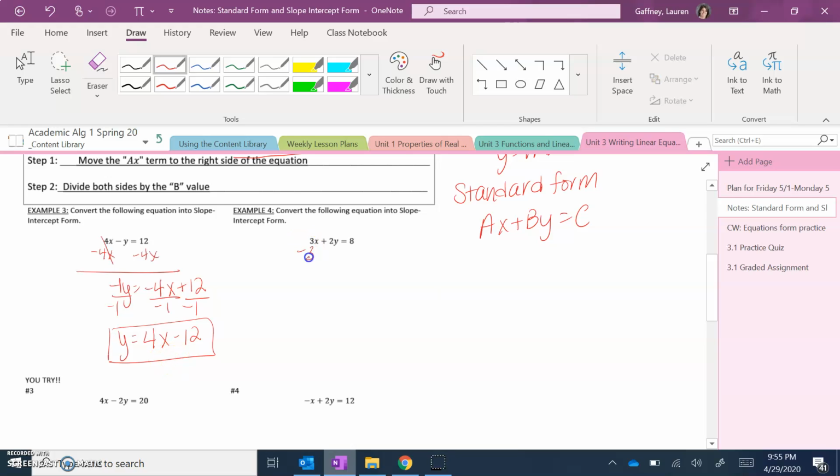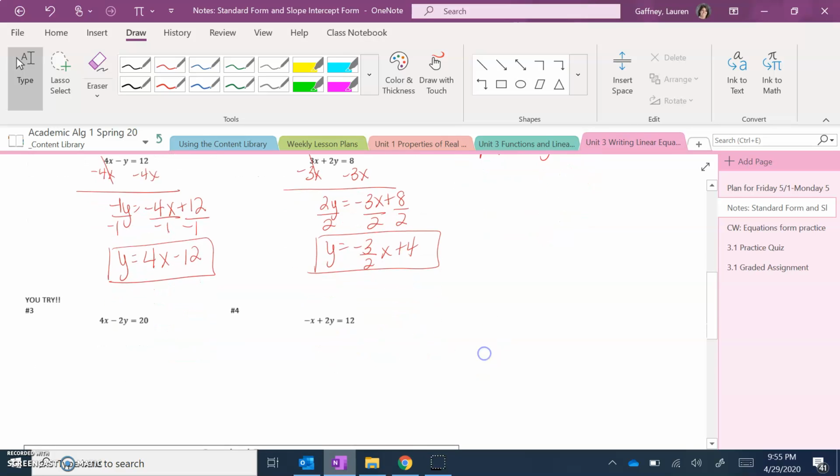Let's do another one. Subtract 3x from both sides because our goal is to get y by itself. So 2y equals -3x plus 8. I always put the x part before the number so it fits the slope-intercept form of mx plus b. Then let's divide by 2. So y equals -3/2 x, and then 8 divided by 2 reduces to 4.